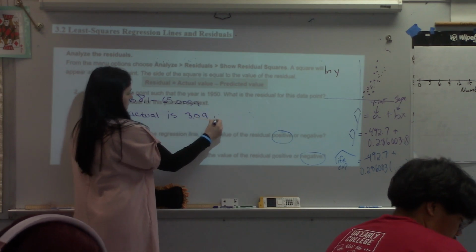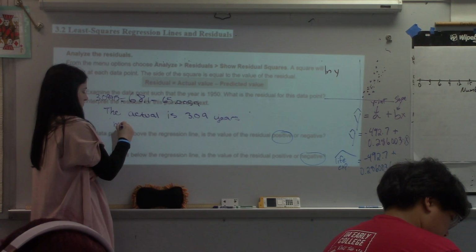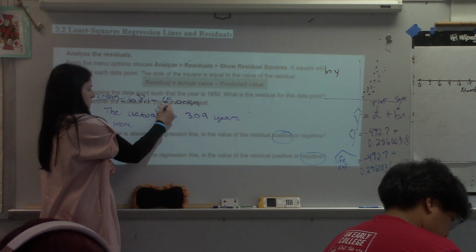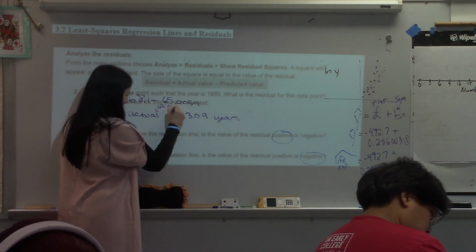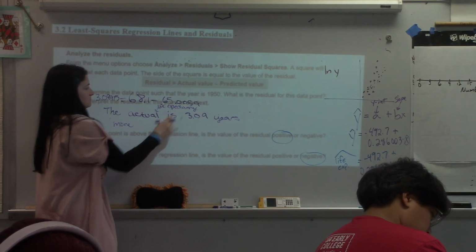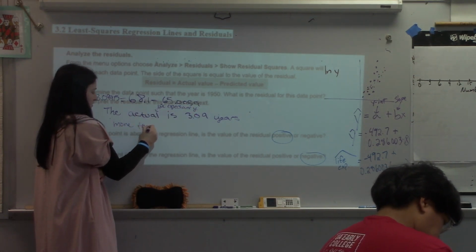It's telling if the residual, or that distance, is more or less. So the actual life expectancy is 3.09 years more than what was predicted.